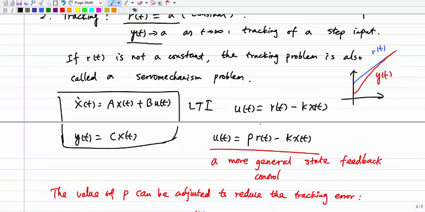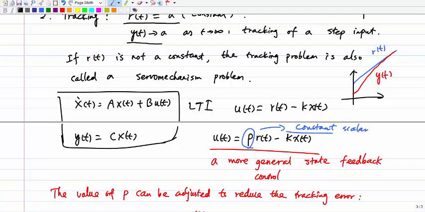Now the more general state feedback has one more parameter, which is p. This is a constant scalar value.